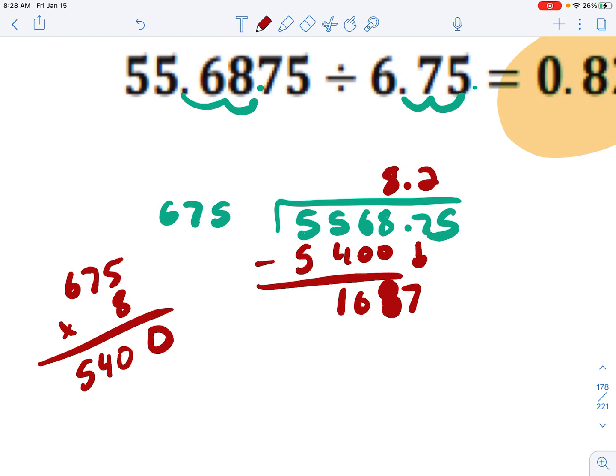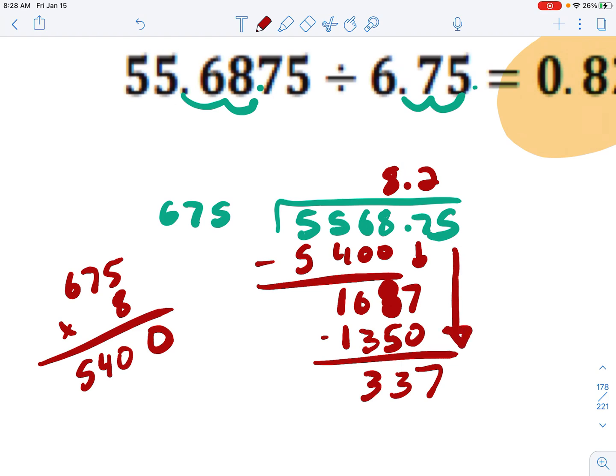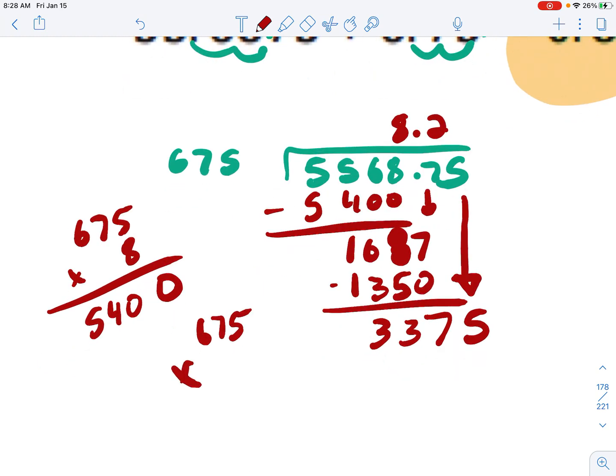675 is going to go into 1,687 twice. When I multiply that, it's going to be 1,350. And I subtract that, and I get 337. I bring down the last number, which is a 5, and 675 is going to go into 3,375.